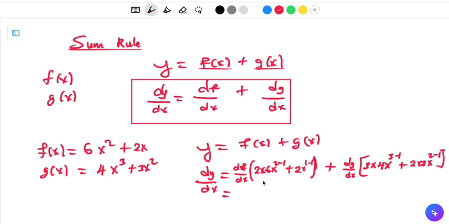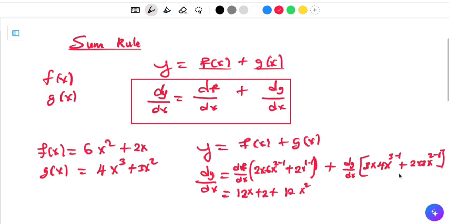So what is going to be the outcome here? 2 multiplied by 6, that is 12. Then 2 minus 1, that is just 1, so we are going to have a single x. And then 1 minus 1, that is 0, and a number raised to the power 0 is 1. 1 multiplied by 2 is 2. Then plus, on this part we have 12 there also, x to the power 2.